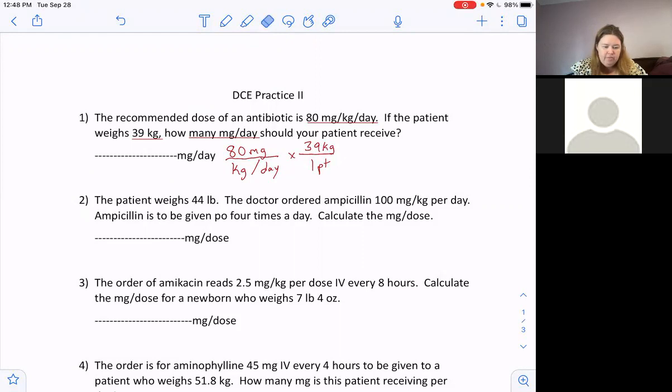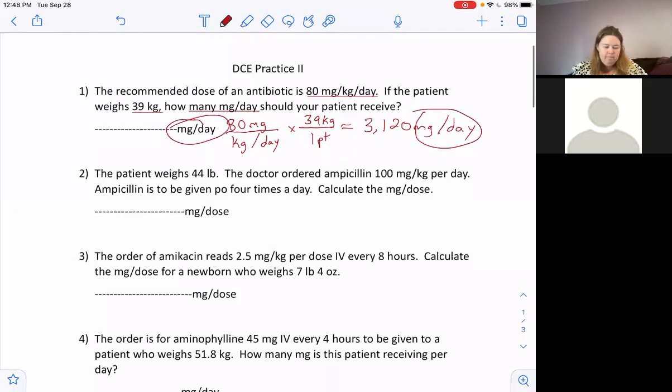Getting ahead of myself. So that would be 80 times 39 equals 3,120 milligrams per day. So we ended up with milligrams per day, and that's what we wanted to end up with.